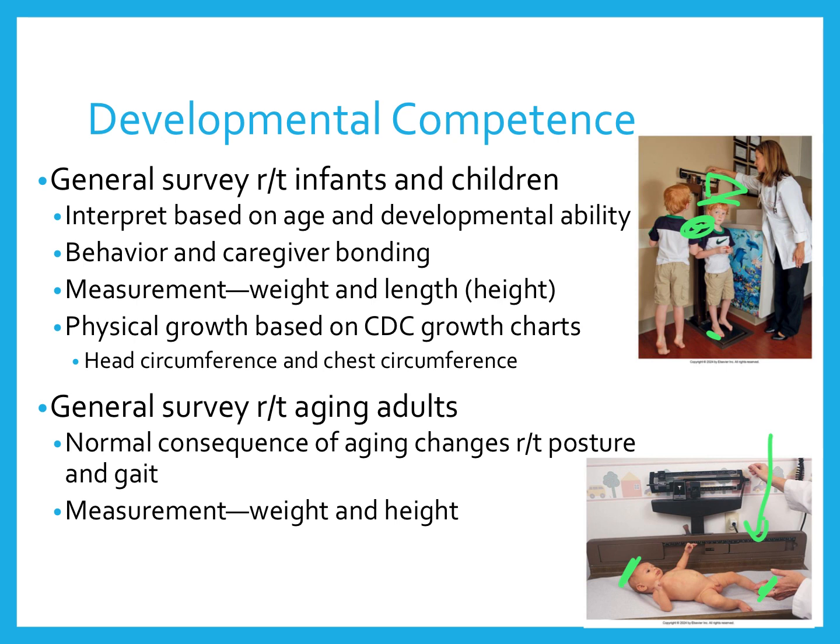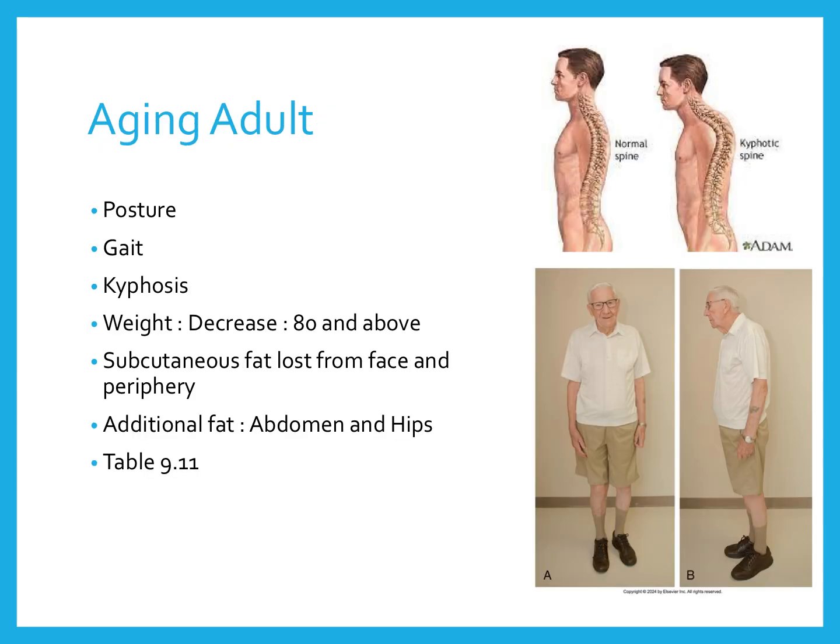For aging adults, they have consequences of aging changes related to posture and gait. Their height can decrease and their weight can increase or decrease. It just depends on each patient. So with aging adults, you may have a posture that is kyphosis. That is the humpback one, where they're kind of leaning over, hunched over. That's kyphosis.